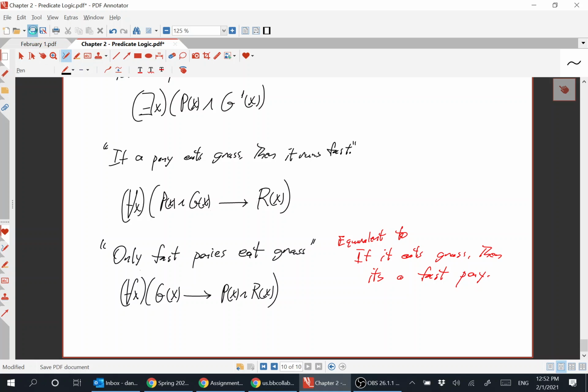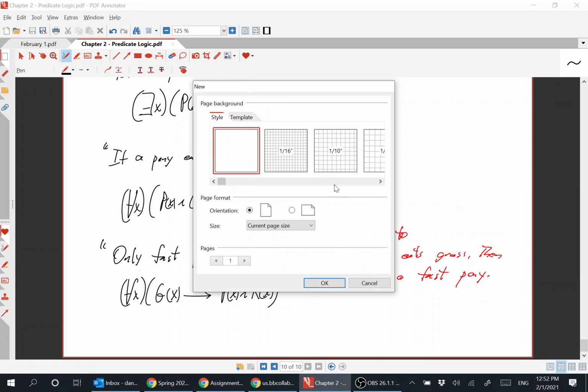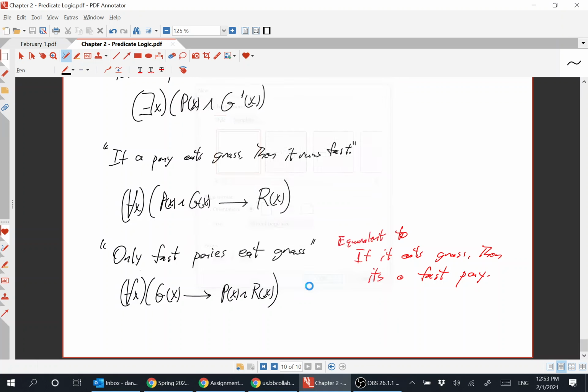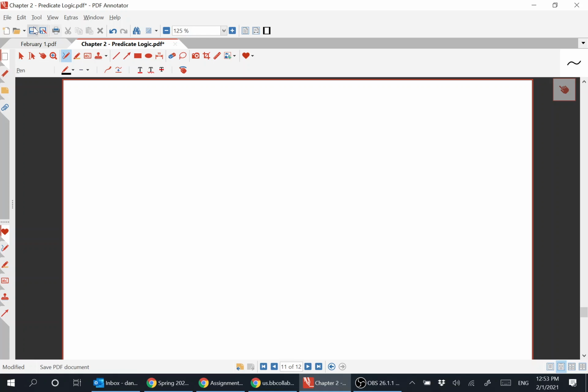So those are some basic ways that if-then implications and conjunctions are used with universal and existential quantification. Things get more interesting when you start involving two variables. So, examples with two variables.